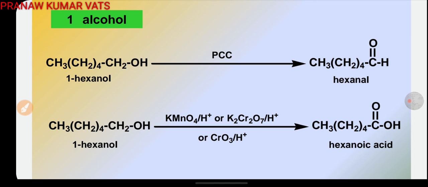Similarly, when 1-hexanol is treated with acidic KMnO4, KMnO4/H+ indicating that KMnO4 is acidic, K2Cr2O7/H+ indicating that K2Cr2O7 is acidic, or CrO3/H+ indicating that this is chromic acid, then it results in oxidation of alcohol to carboxylic acid and 1-hexanol is converted into hexanoic acid.